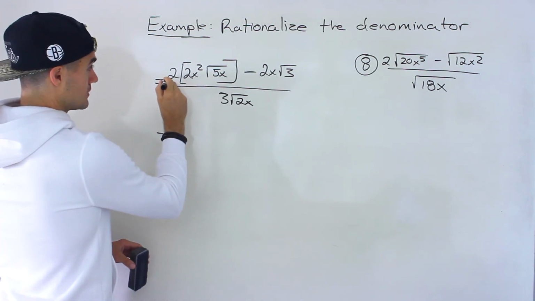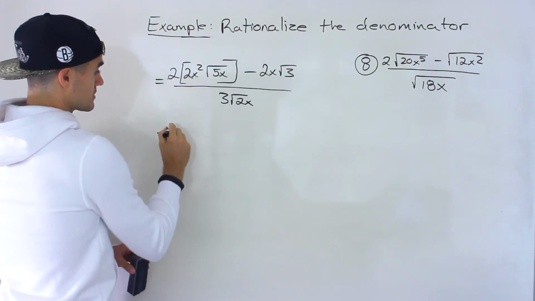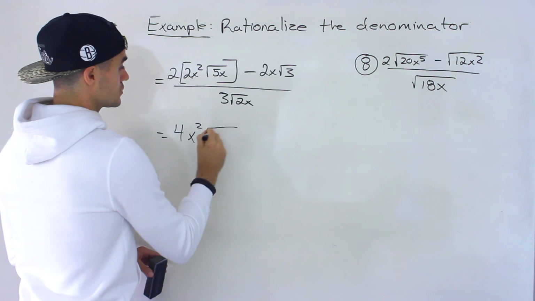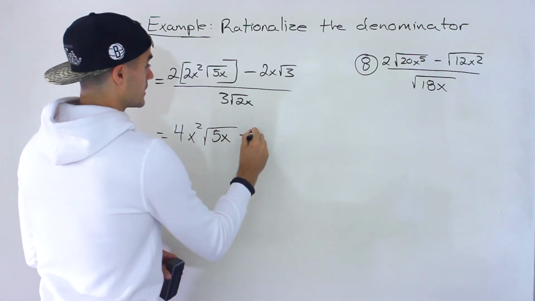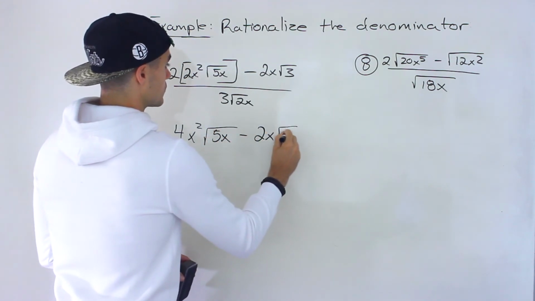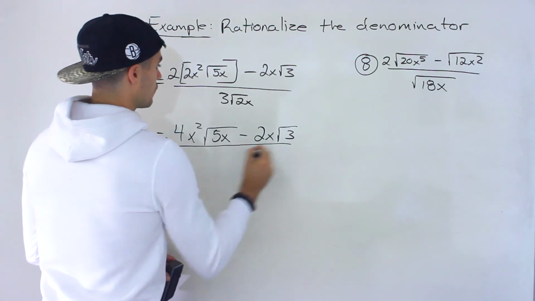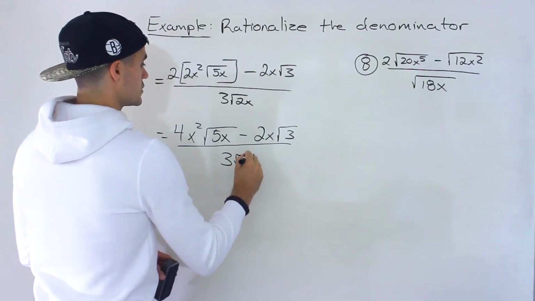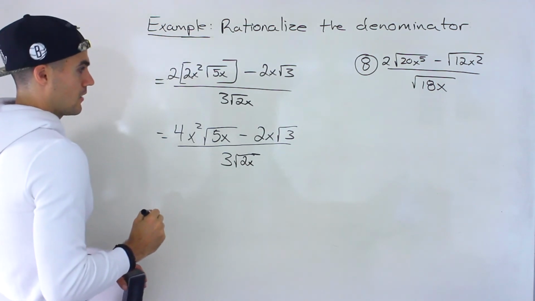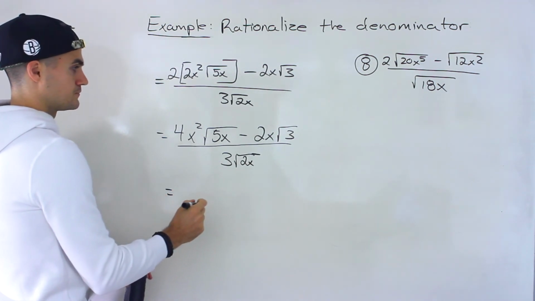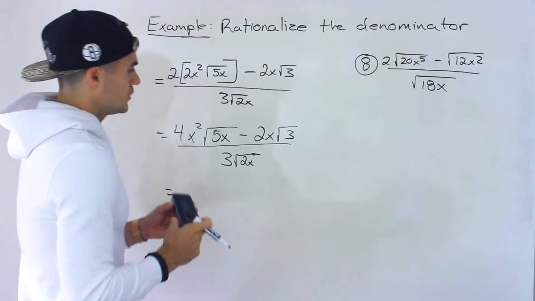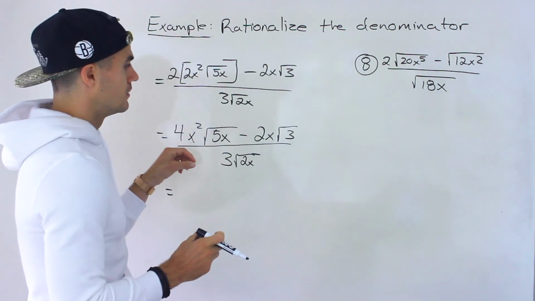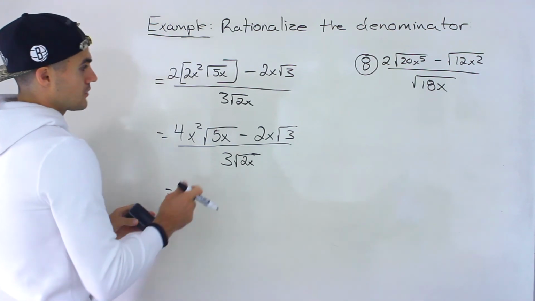Now, before getting into rationalizing, notice we can multiply these 2's here, so that would end up being 4x squared root 5x minus 2x root 3 over 3 root 2x. Now, actually, something I'm realizing here, whenever you get a chance to potentially factor the numerator, I actually highly recommend taking it.